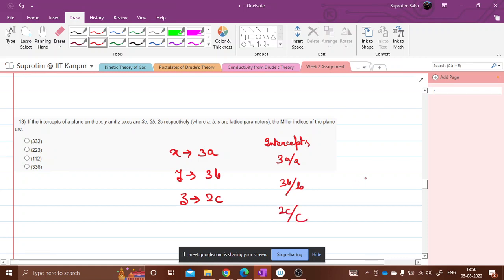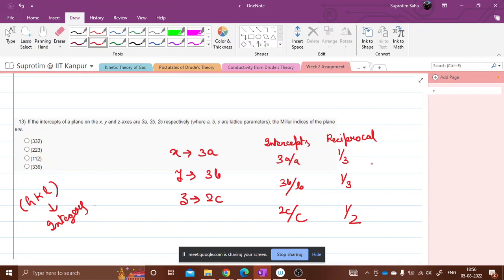The next step would be to calculate the reciprocal, right? The reciprocal of this would be 1 by 3, 1 by 3, and 1 by 2. Now you have to convert it into the smallest set of integers because hkl have to be integers. So you have to multiply by the lowest integer possible so that the converted numbers are integers, right? So you can multiply with 6.